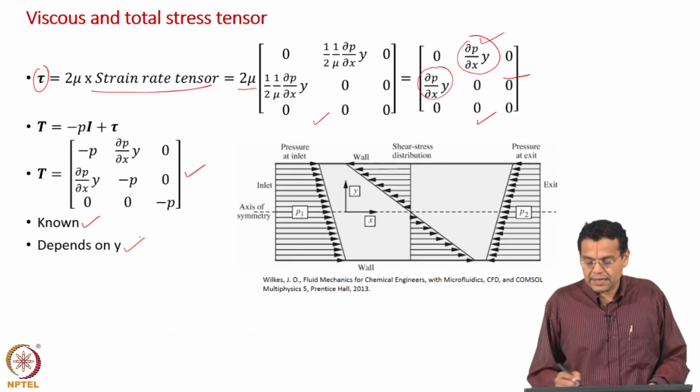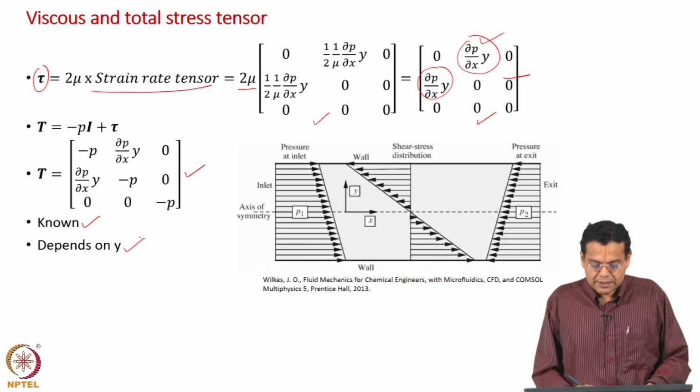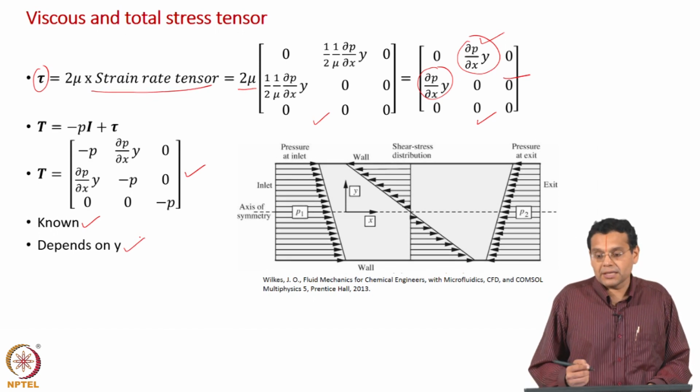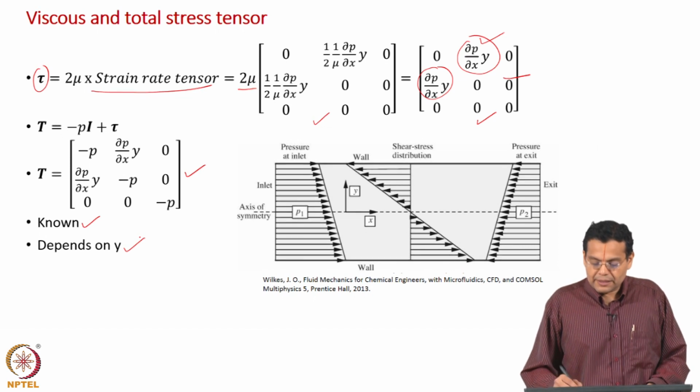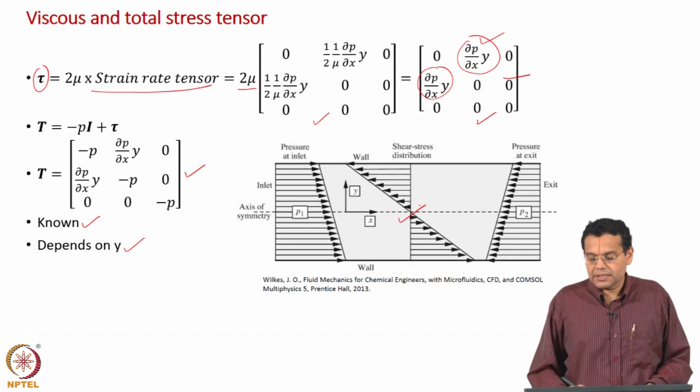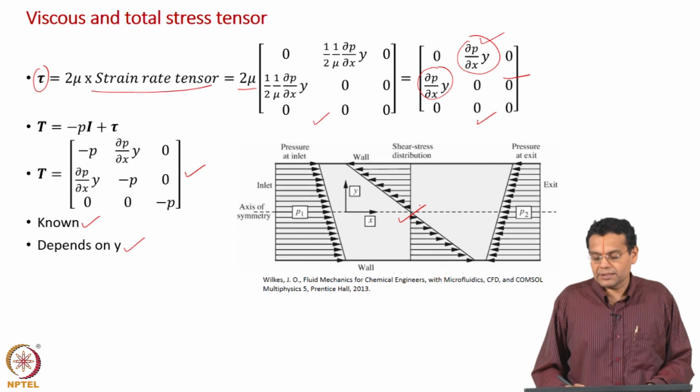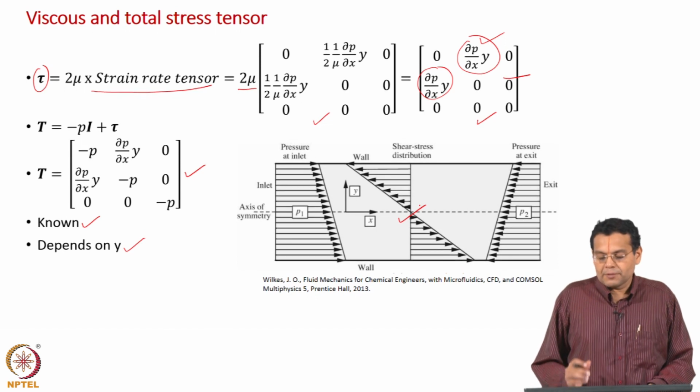And we have seen this nice diagram from James O. Wilkes when we discussed pressure distribution, and the shear stress distribution is also shown in this diagram nicely. We will discuss that in more detail a little later, but just to show that there is a viscous shear stress distribution which varies linearly.